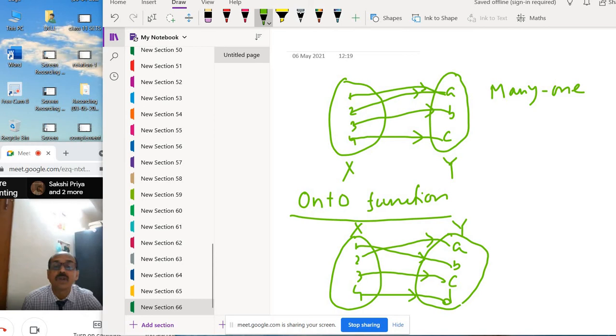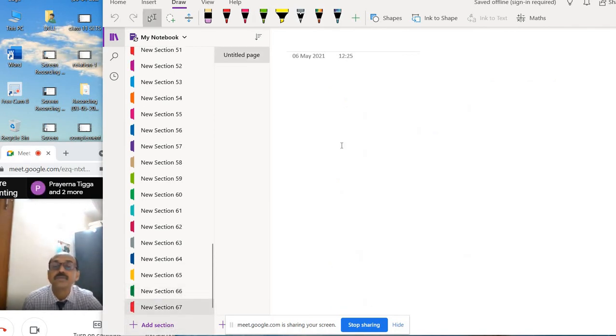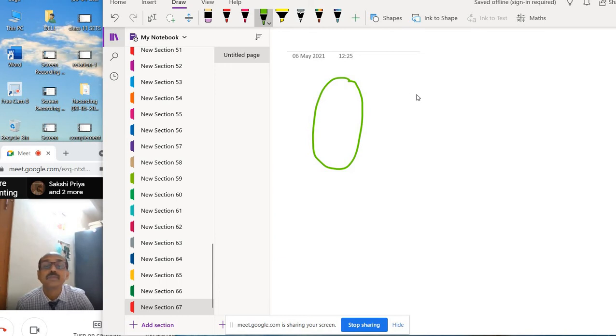Now one more example, see onto function. One, two, three, four.